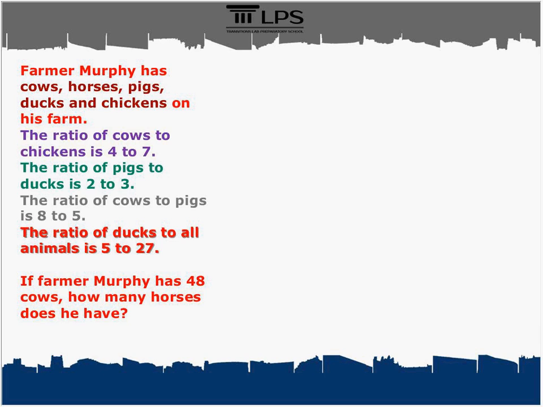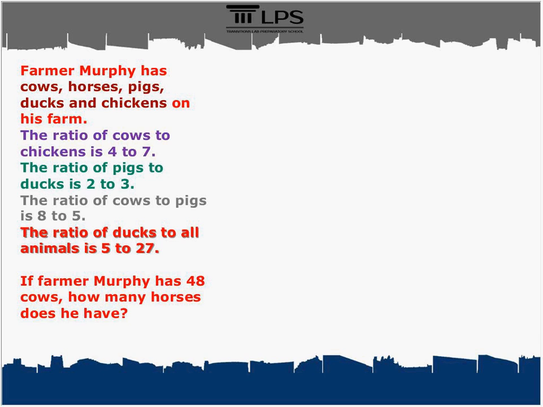Farmer Murphy has cows, pigs, ducks, and chickens on his farm. The information says the ratio of cows to chickens is 4 to 7. Now, due to the concept of ratios, you know what this means. It simply means 4 divided by 7, because 4 to 7 can be interpreted as 4 divided by 7, or as 4 is to 7, or 4:7.